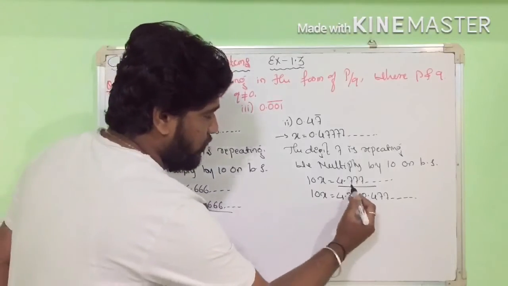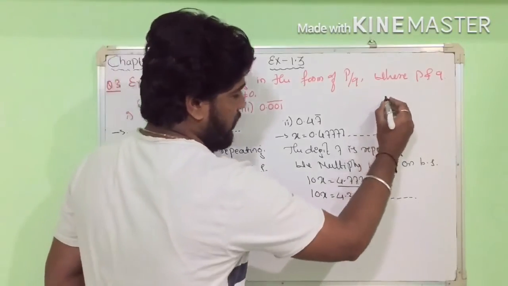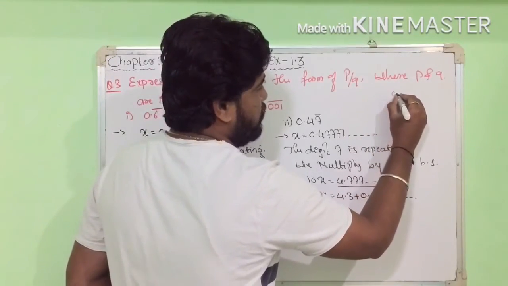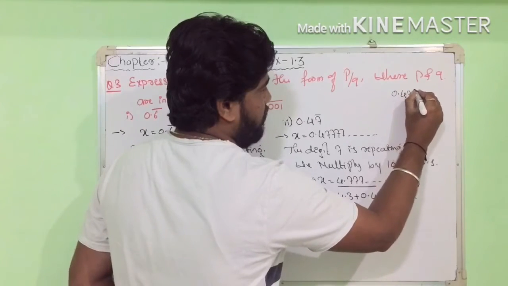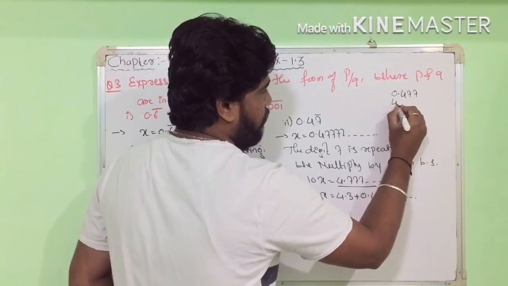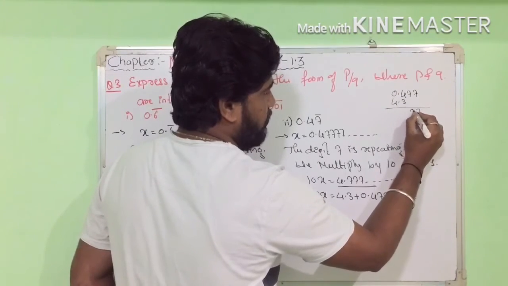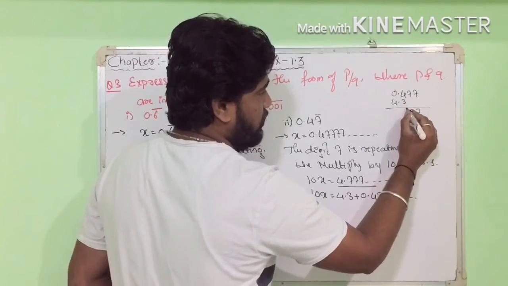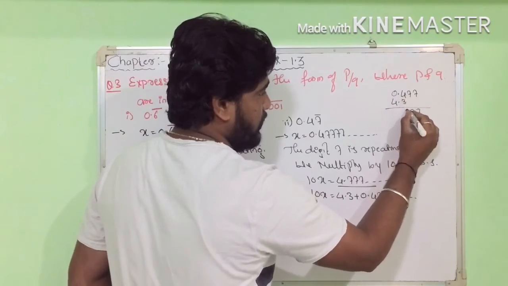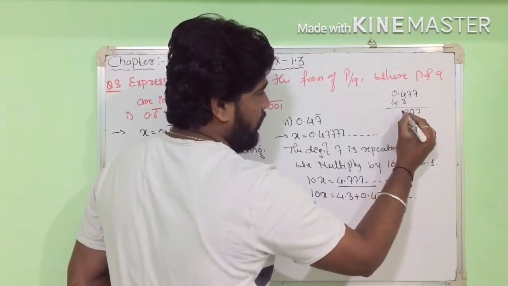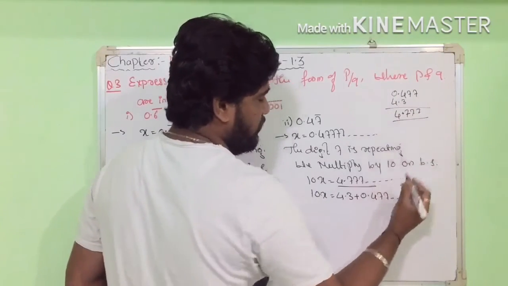So add these two, we get, let us solve here, 0.477 and 4.3. So 7 as it is, 3 plus 7, 4 plus 3 is 7, and here is a point, so 4, right?